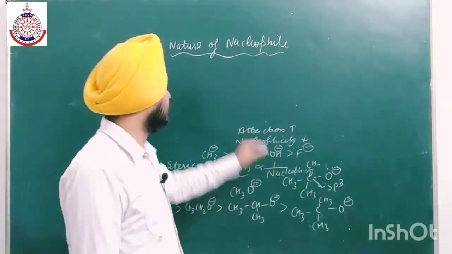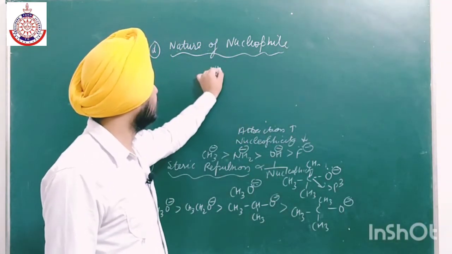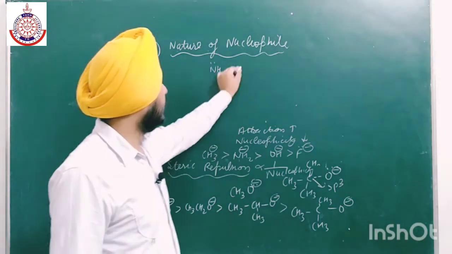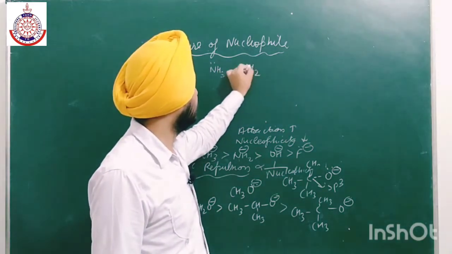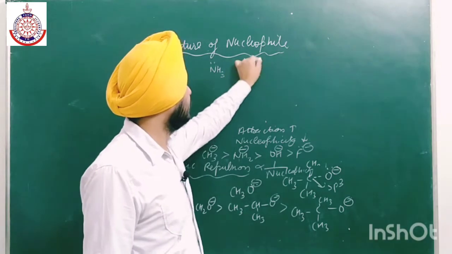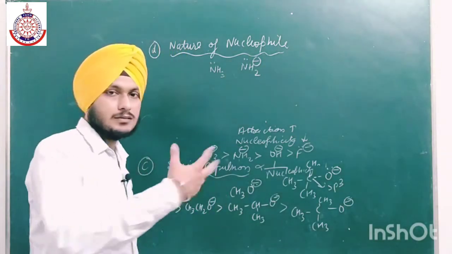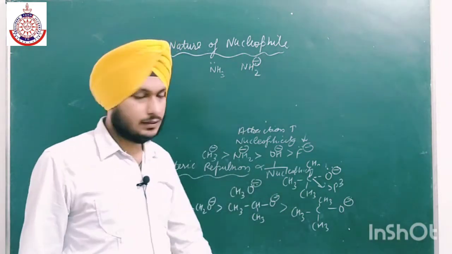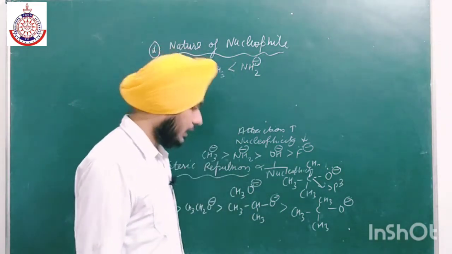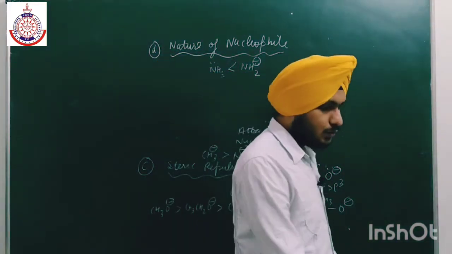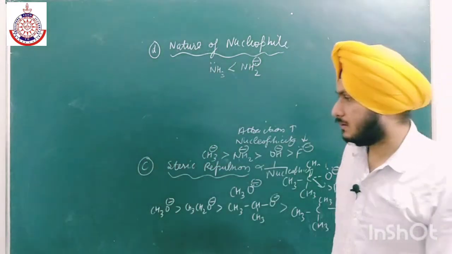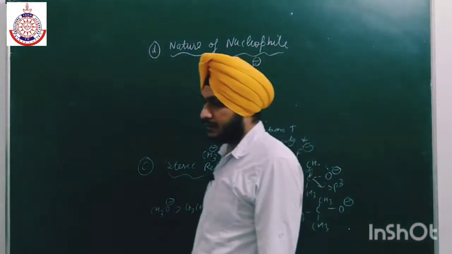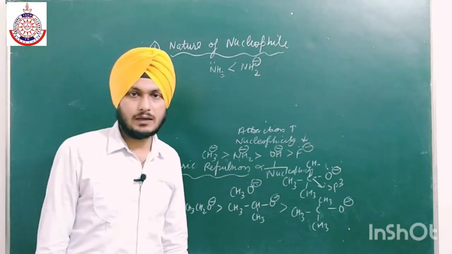For example, if we have NH3 with lone pair, and second we have NH2 negative with lone pair, then the tendency to donate the lone pair of electrons of a negatively charged species is more. Actually, NH2 negative is highly unstable, that is why it can easily donate its lone pair of electrons.